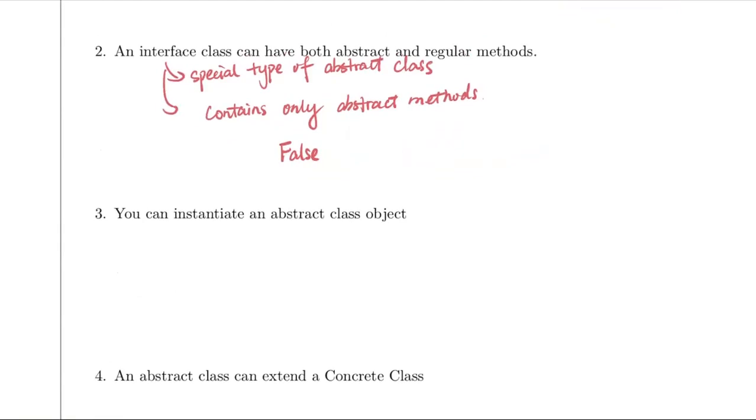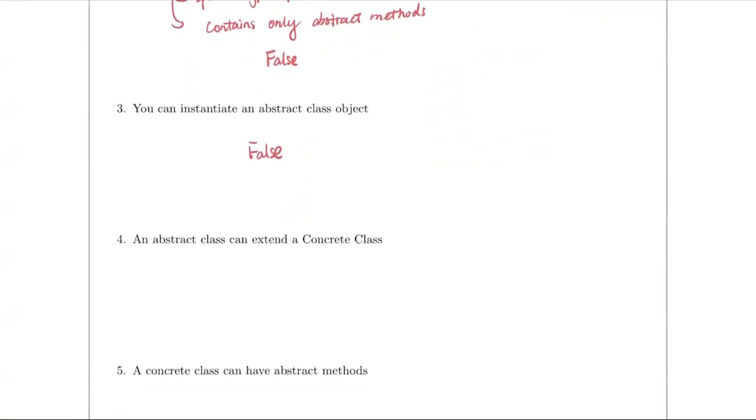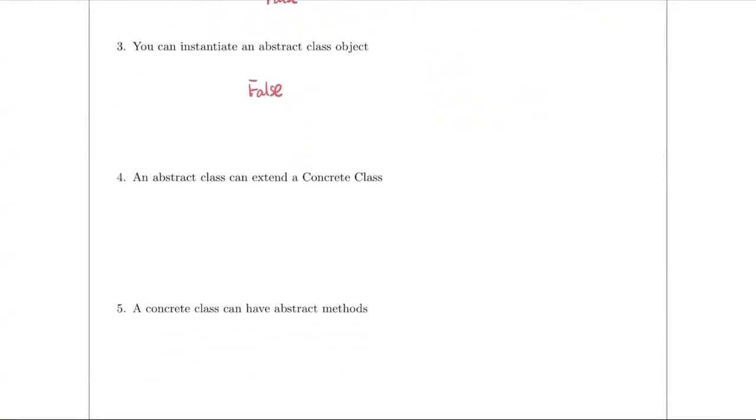The third question is: you can instantiate an abstract class object. You cannot instantiate an object from an abstract class. You must instantiate an object through a concrete class. So this one is also false. The fourth question is: an abstract class can extend a concrete class.